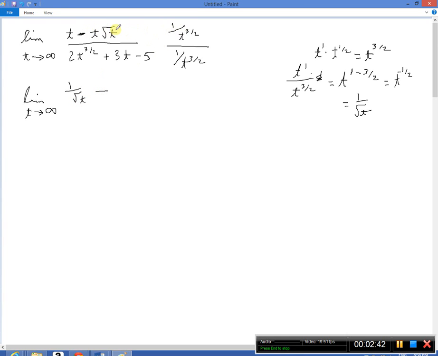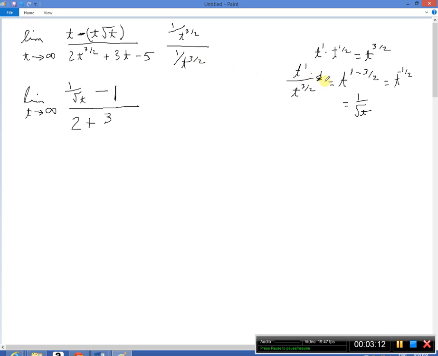Minus, now this is good because 1 over t to the 3/2 is going to cancel completely this guy, because remember that guy is really t to the 3/2. So 1 over t to the 3/2 times t to the 3/2 is just going to give us 1. Down below, this is 2t to the 3/2 divided by t to the 3/2 just gives us 2 plus 3. Now we have our t divided by t to the 3/2.